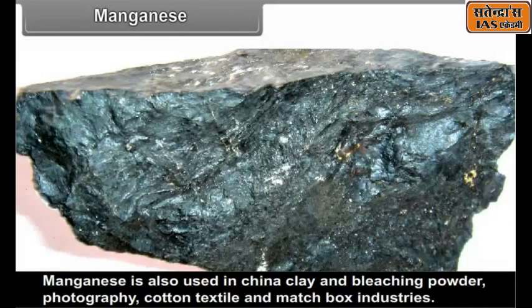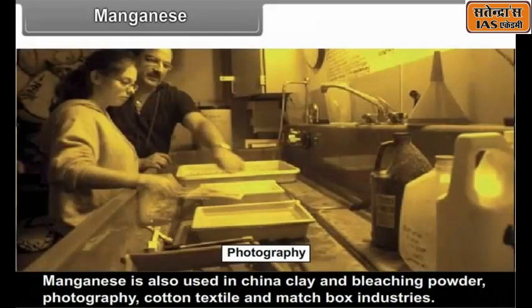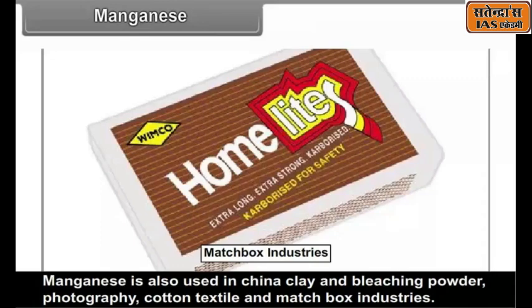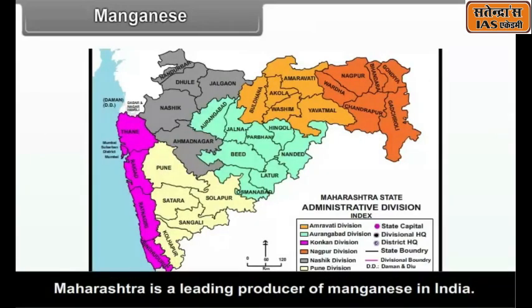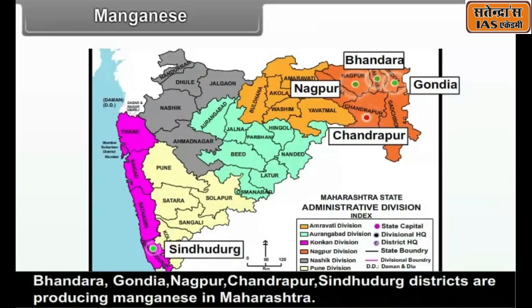Manganese is also used in china clay and bleaching powder, photography, cotton textile and matchbox industries. Maharashtra is a leading producer of manganese in India. Bhandara, Gondia, Nagpur, Chandrapur and Sindhudurg districts produce manganese in Maharashtra.